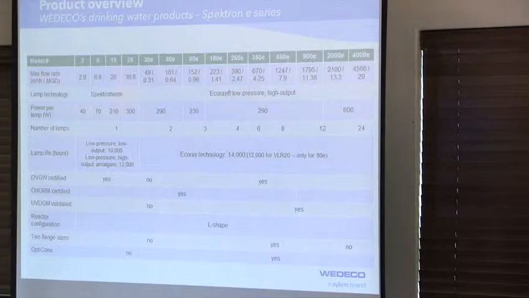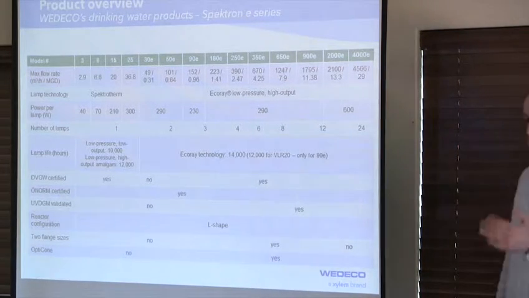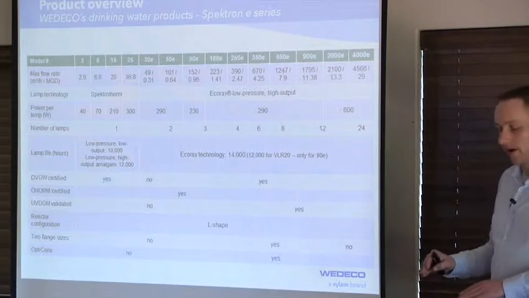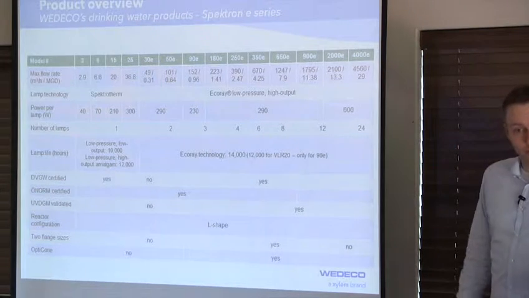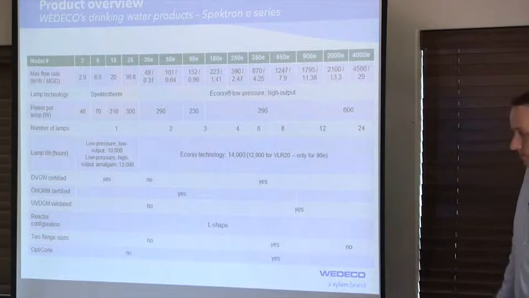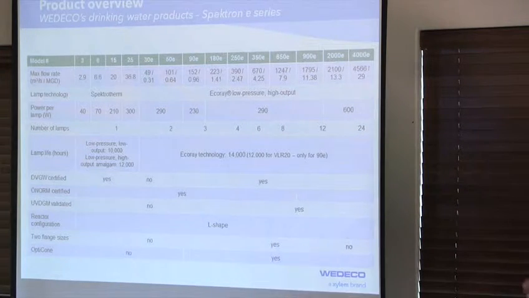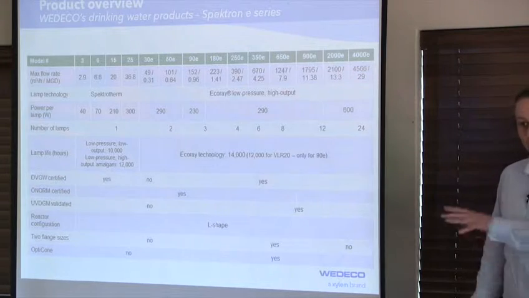But in Germany and Austria, there are DVGW and ÖNORM certified systems. They are tested with target pathogens to achieve a certain log reduction of those microorganisms, and it's not pathogens, it's harmless microorganisms, but those can be compared to pathogens you have in your water.